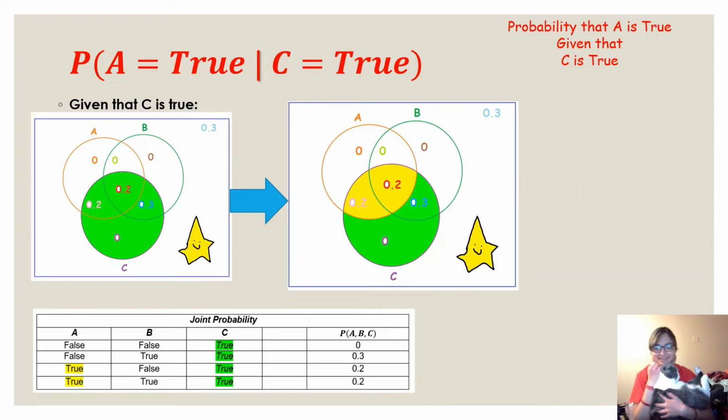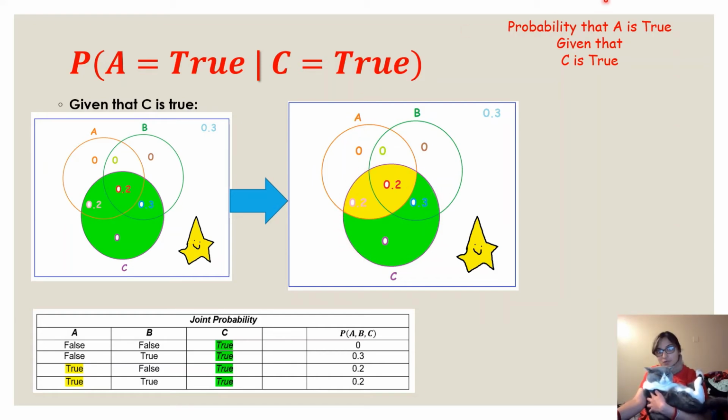And next we'll talk about how we can use Bayes' theorem here to help us out. So we want to find the probability that A is true given that C is true. What we see here is that we are looking at C being true, this green area, and we're limiting our scope down to just C being true.